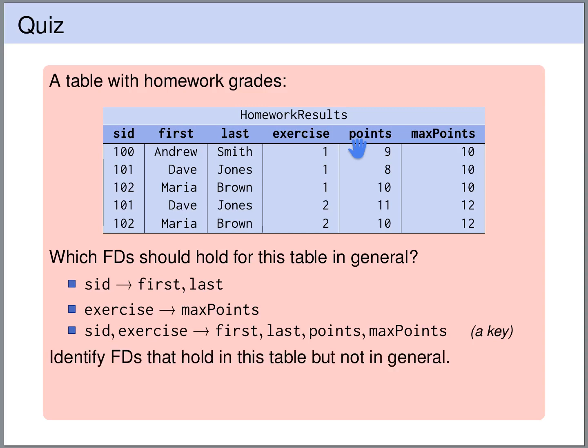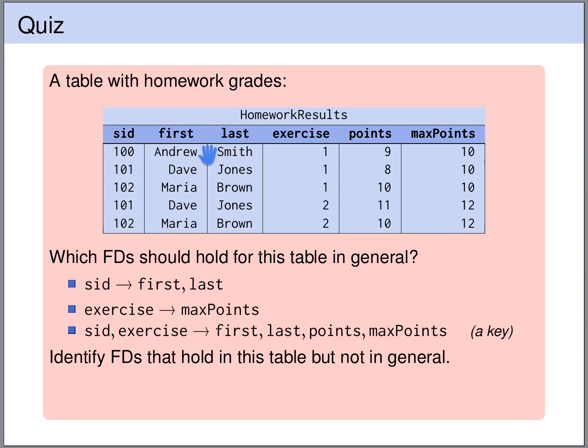So let's also look at what functional dependencies hold for this particular database state, so for the table shown on the screen, but they do not hold in general. If we're looking at our students, then we do not have students that have the same first and last name. Actually, we do not even have students that have the same first name here.